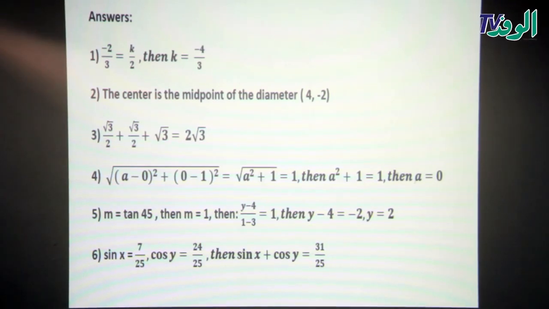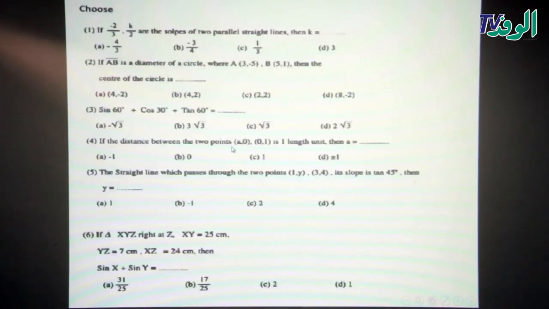By raising both sides to the power of 2 يعني هنعمل power 2 للناحيتين to cancel the square root. يعني شايفين ال square root ده؟ عشان نكنسله هنعمل power 2 شمال و power 2 يمين، هنلاقي جاتنا a squared plus 1 equals 1. Move 1 to the other side in negative, we have a squared equals 0, then a equals 0. So the correct choice is number B.